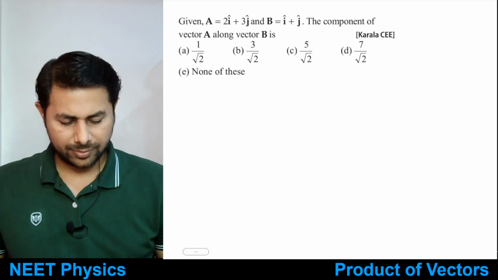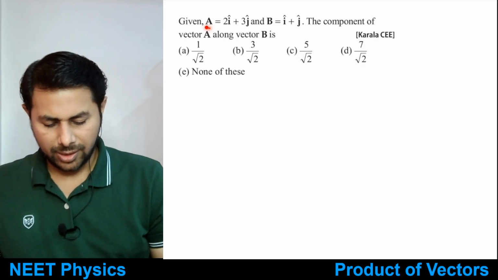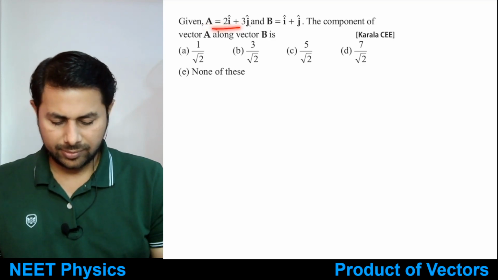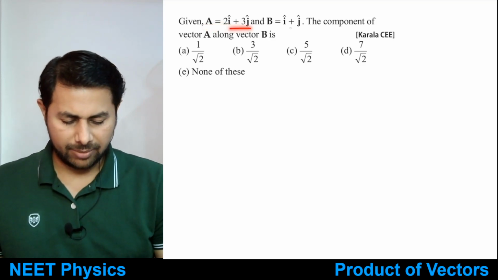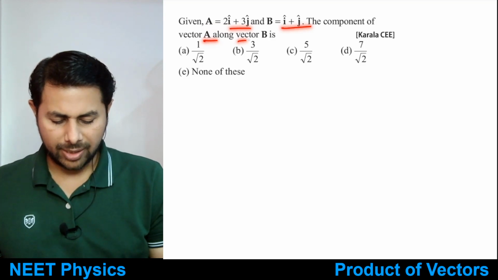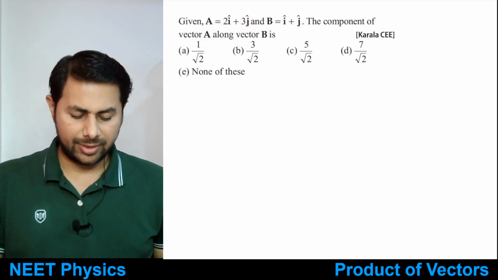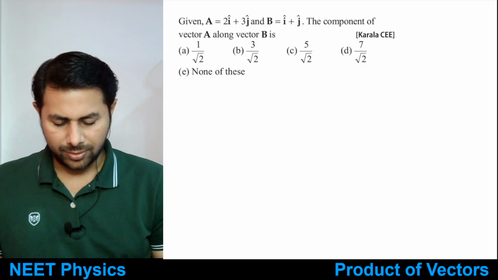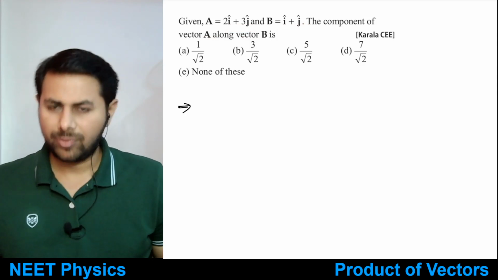All right, let's see the next one. Given a bar is equal to this and b bar is equal to this, the component of a bar along vector b bar is... so what is the component of a bar along b bar?